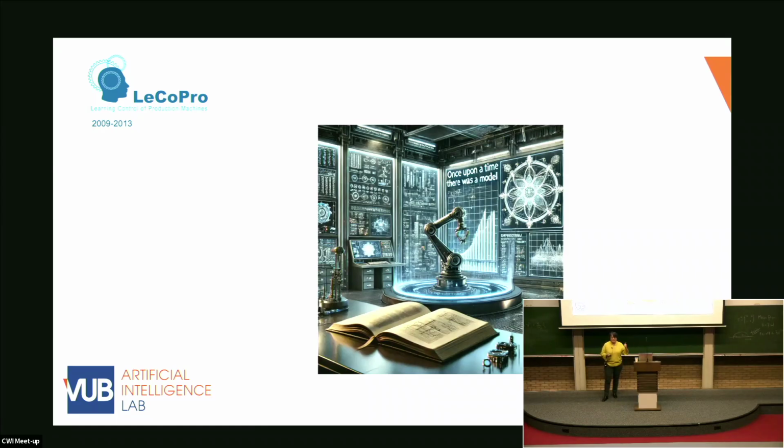That's why I'm saying it gave me the feeling of once upon a time there was a model, and then we continue, but we forget the whole effort that has been done to actually get to that model. You also have to see it in a context. I'm referring back to the project in 2009, so like 15 years ago.